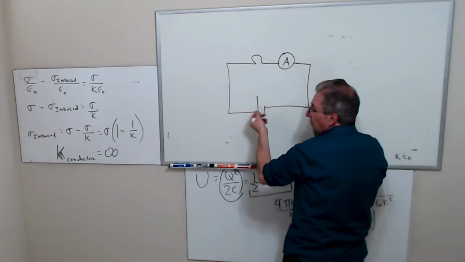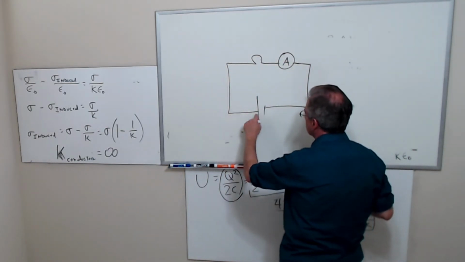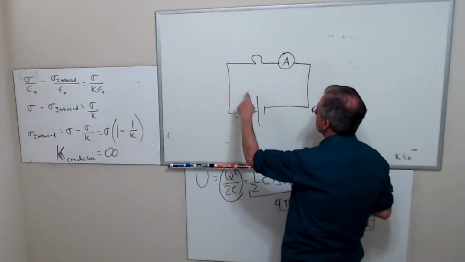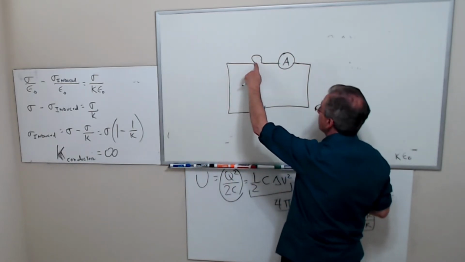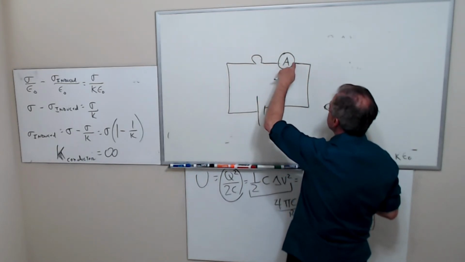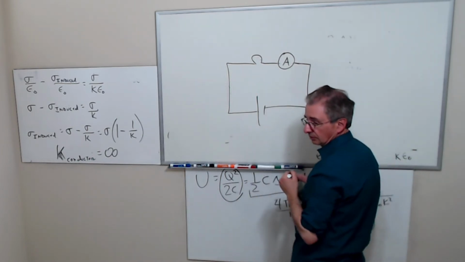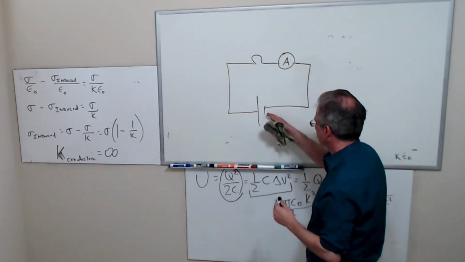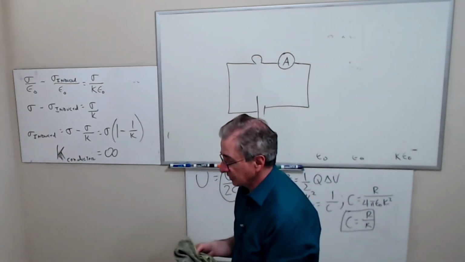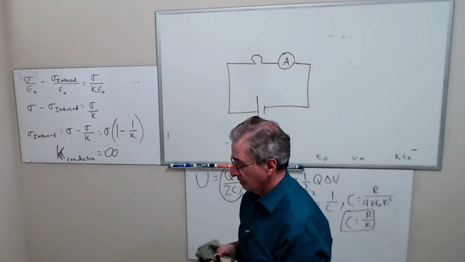This is a map that tells you how to make the connections. Take the wire from the positive side of the battery, hook it up to one side of the bulb. The other side of the bulb goes to the positive side of the ammeter. The negative side of the ammeter goes back to ground, or just to the other side of the battery. Okay, that's it.